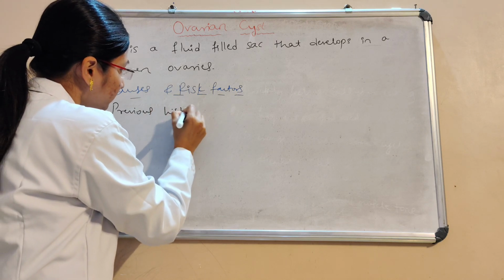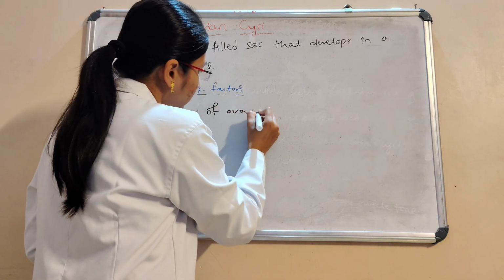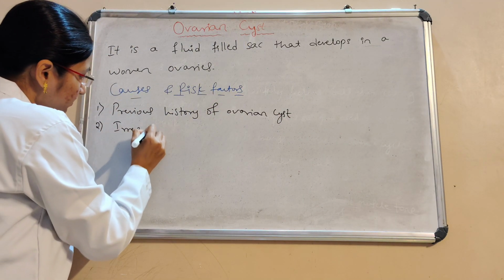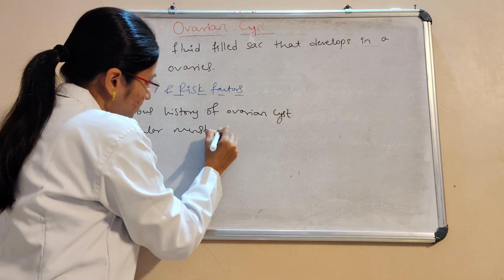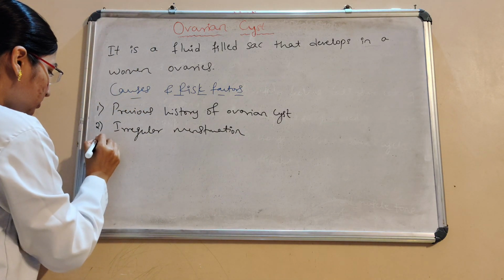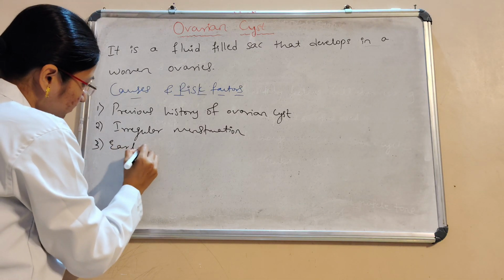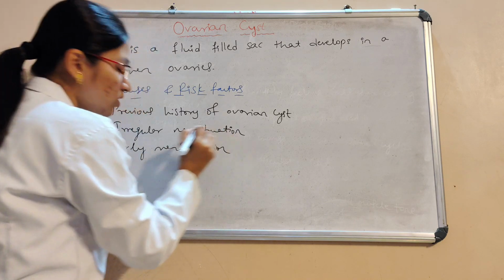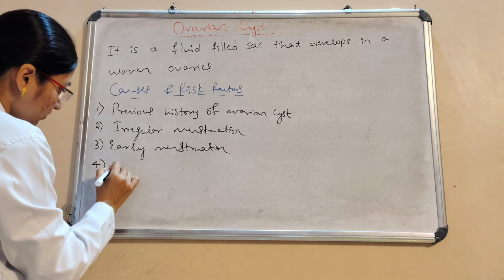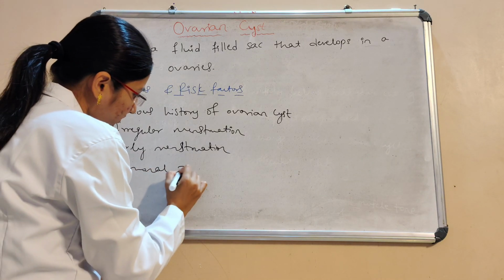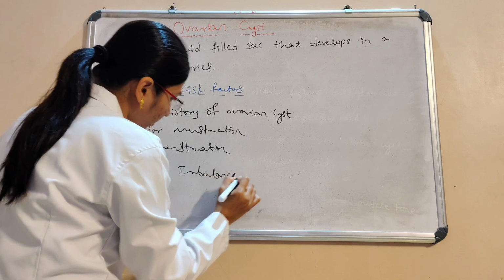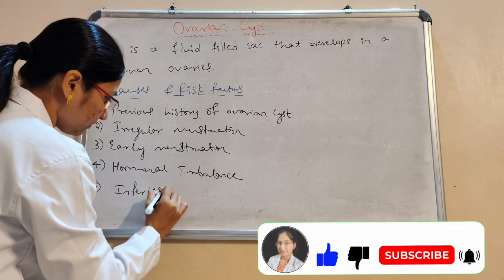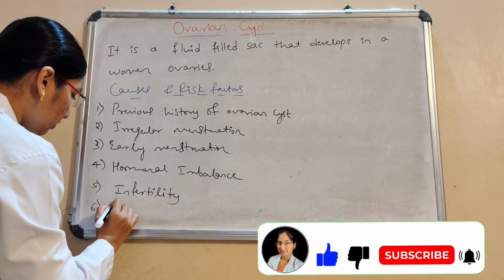Previous history of ovarian cyst, and then irregular menstruation, and then early menstruation, hormonal imbalances, and then infertility, and then endometriosis.